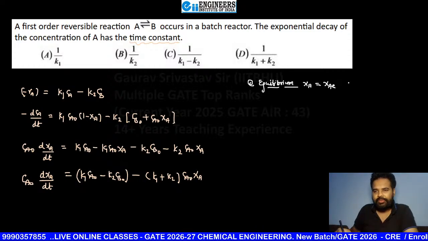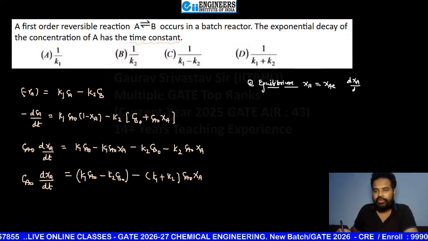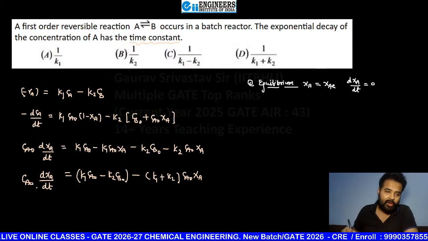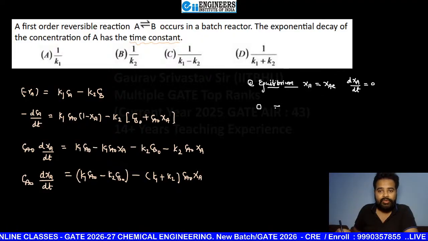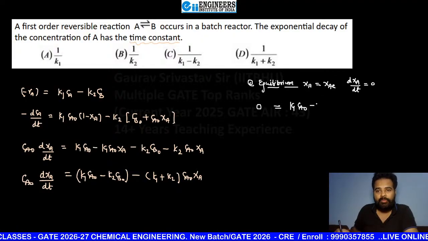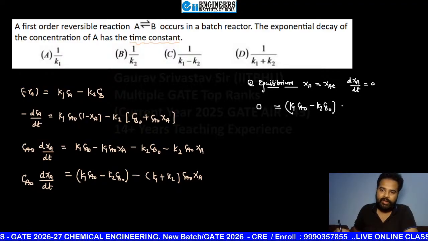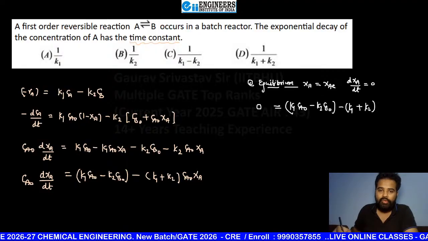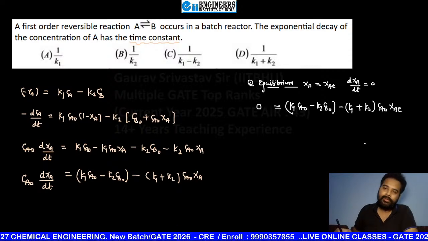So here you can put in place of dXa by dt zero, when Xa is XAE. So in place of this expression it's 0, and 0 becomes equal to K1 Ca naught minus K2 Cb naught, minus (K1 plus K2) Ca naught XAE.